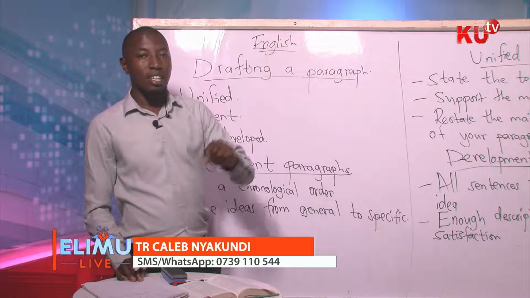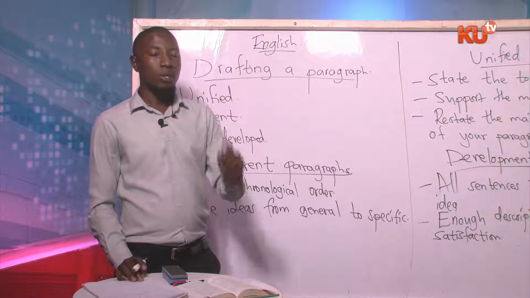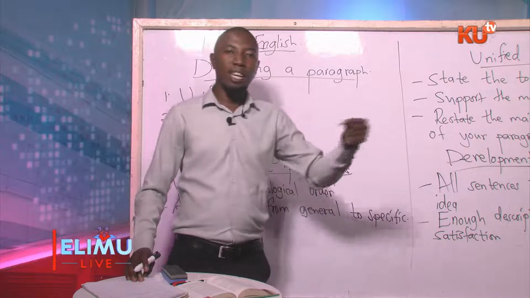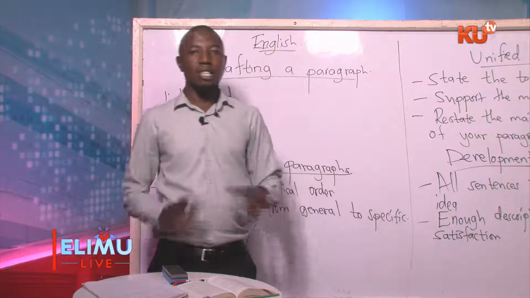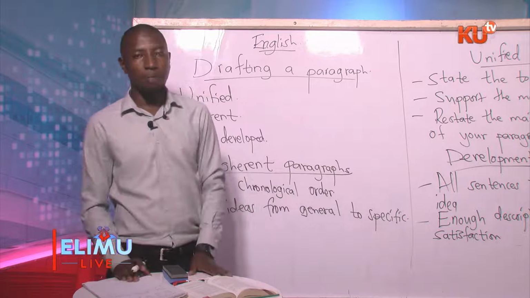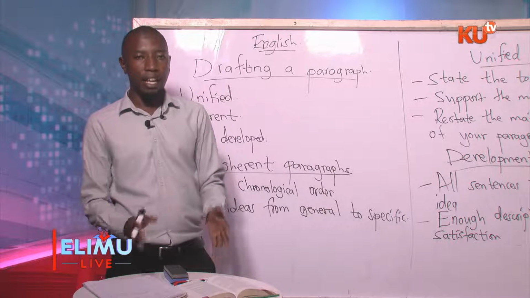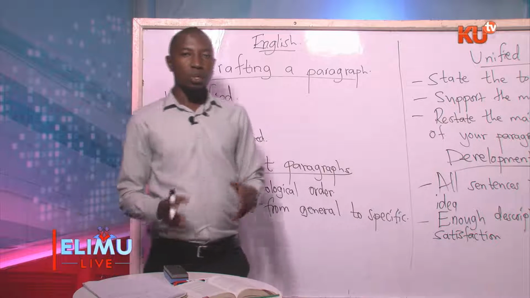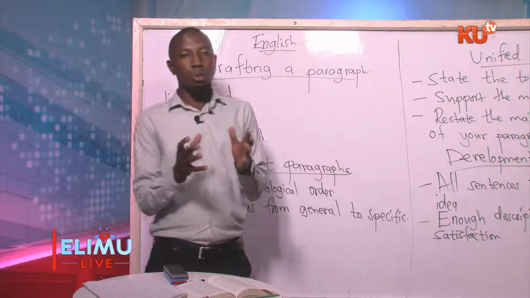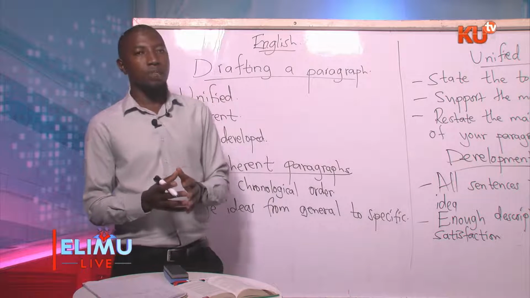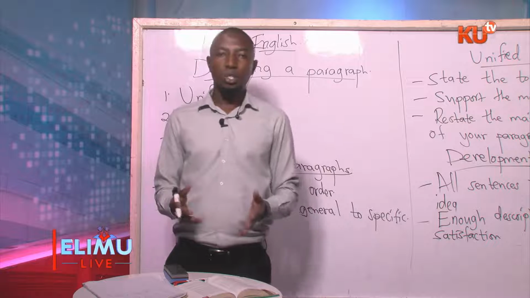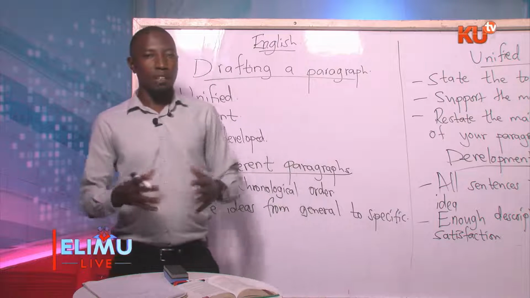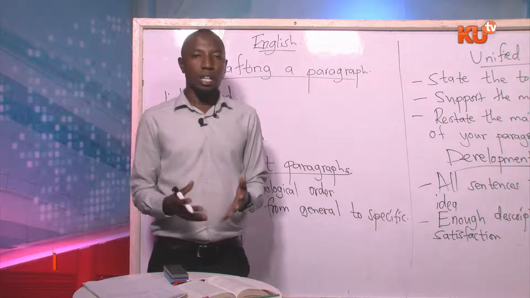The problem, however, and I know maybe your teachers have told you to avoid very long paragraphs, is for a good reason. The problem with writing very long paragraphs is that you will find yourself having exhausted the idea you wanted to write about, or the thought in that one paragraph.